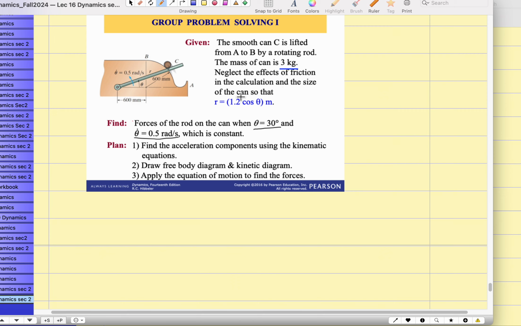Neglect the effect of friction in the calculation. The size of the can, and R, is given. The expression of R is given.